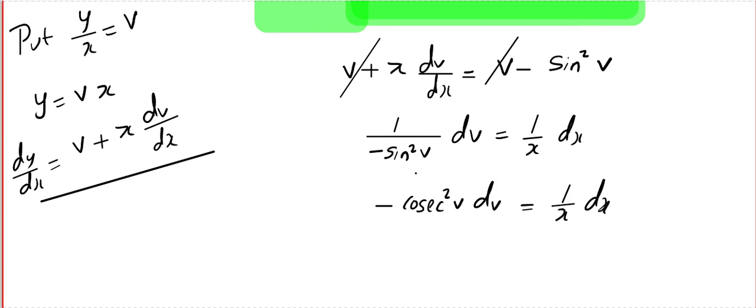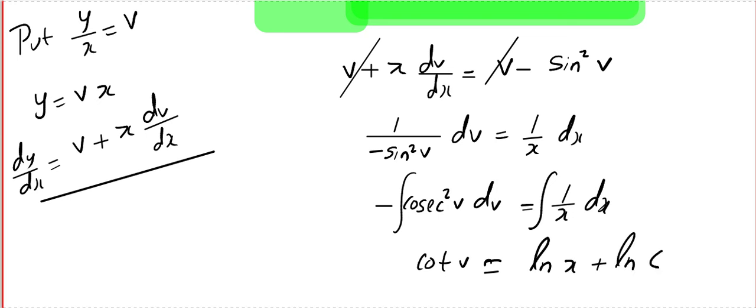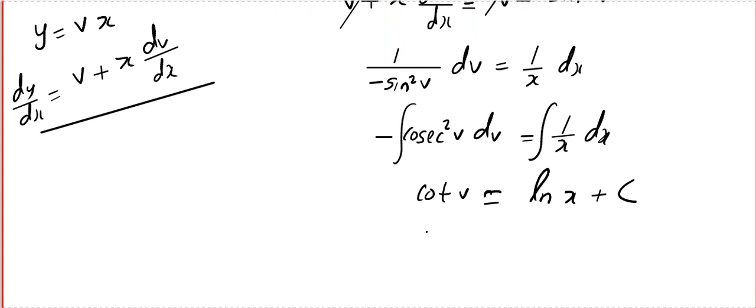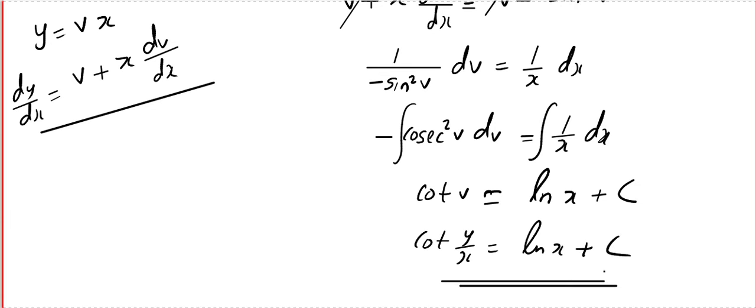So we are almost ready. So integrating, we get cot v is equal to ln x plus ln c. No need to put ln c, there is no advantage, just ln x plus c. That is cot y by x is equal to ln x plus c. So that's more than enough.